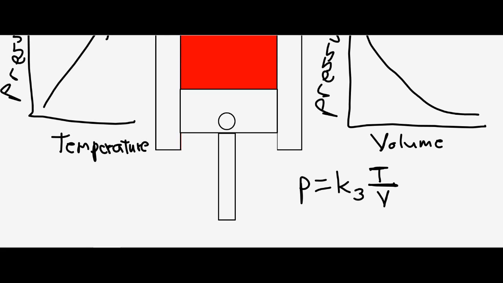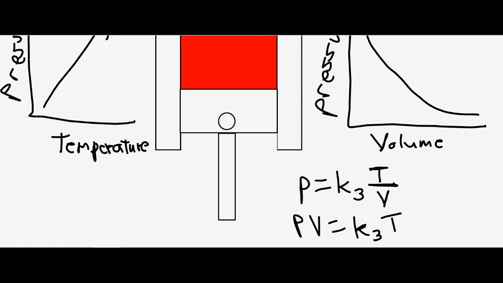So in this case, P is directly proportional to T, and it is inversely proportional to V. So we can say P equals a constant times T divided by V. And a lot of times you'll see that in chemistry class, written PV equals K3T, and actually they'll put nRT, where n is the number of moles, and R is what's called the universal gas constant. But we don't really need to know that.